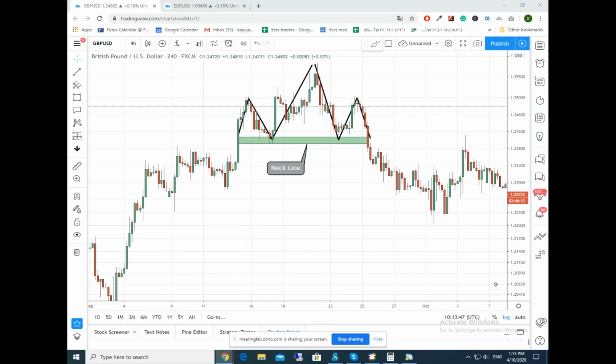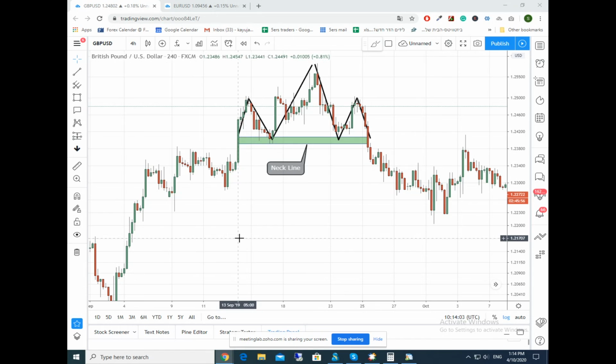And today I would like to explain about the chart pattern called head and shoulders. For those who don't know this pattern, the head and shoulders is a reversal pattern.